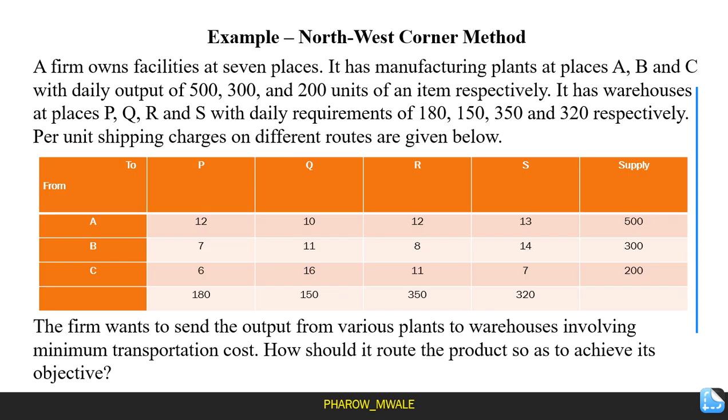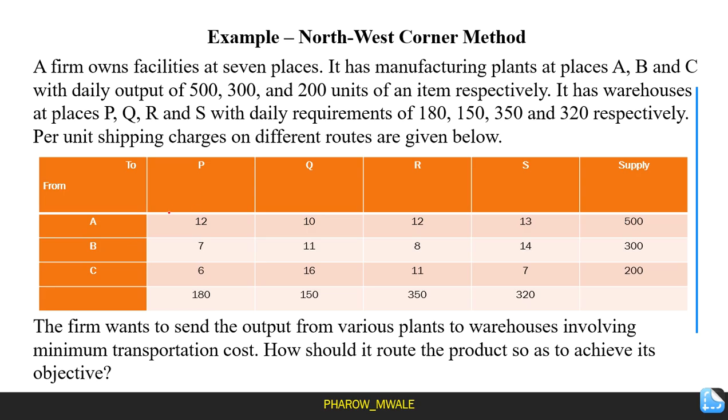If you are looking at the table on your screen right there, the NW corner rule is stated this way: we start with the northwest corner of our transportation table. Okay, let me grab my pen here.